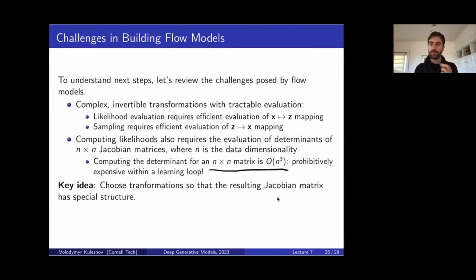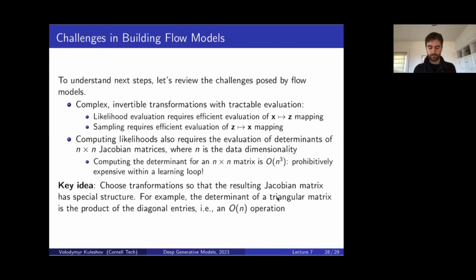And our idea of using simple mappings, the composition of simple mappings, is one way in which we ensure that this determinant is tractable. If each mapping is simple, then things are going to be invertible. But more generally, there could be other ways of ensuring that we have a tractable Jacobian.